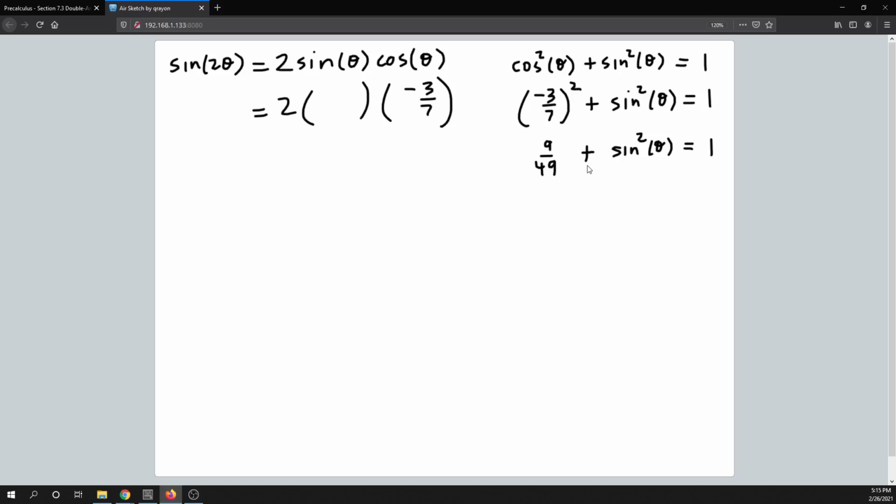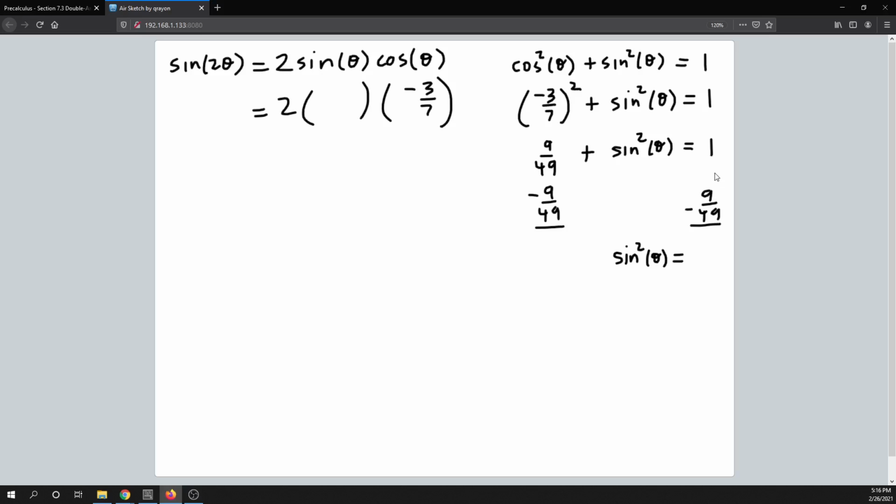All right, next up I want to solve for sine squared, so I would subtract 9/49 from both sides. All right, so over on the left-hand side, I have sine squared theta. On the right-hand side, right, I would have 1 minus 9/49.